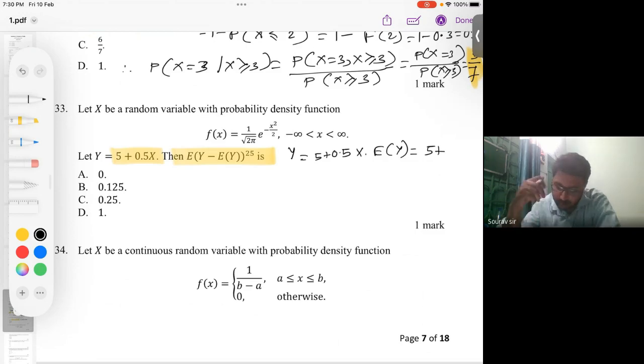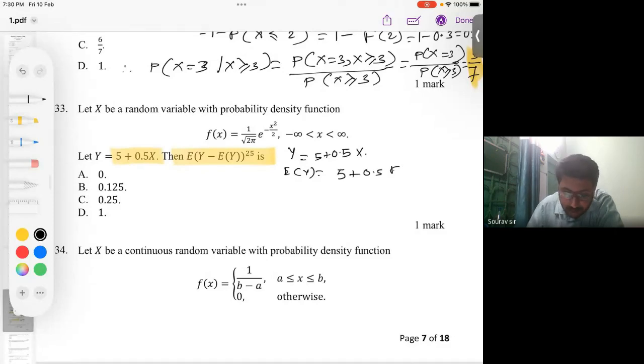Then E of y is equal to, if y is equal to 5 plus 0.5x, then E of y is equal to 5 plus 0.5 times E of x. So it can be written in this manner, that E of y is equal to 5 plus 0.5 E of x.